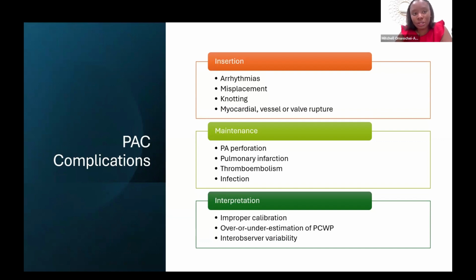And even when your Swan is inserted, with maintenance, you could have your pulmonary artery perforated. So when trying to wedge and you blow up your balloon, you could perforate your pulmonary artery. You can have thromboembolism, you can have infections. And also with interpretations, lots of studies have shown wide inter-observer variability. So clinicians felt it wasn't worth the risk for this to be the gold standard of care.